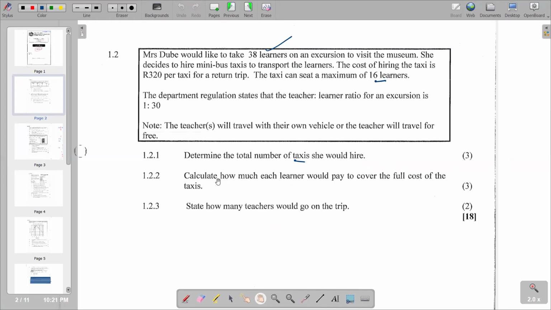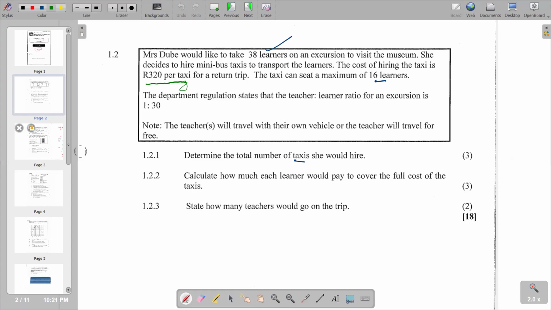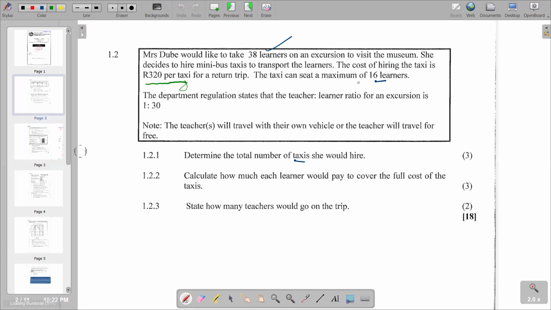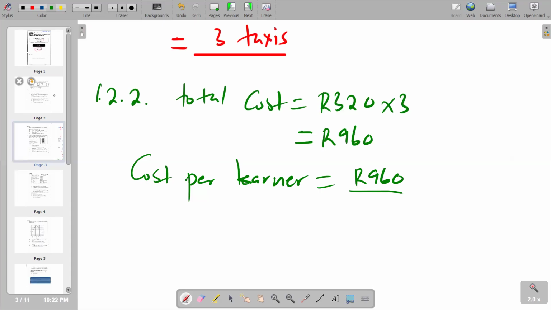If you go there, you will see that the cost of hiring the taxi is 320 per taxi. So according to our calculations, you then get the total. We multiply to get the total for the 3 taxis, getting 960. Now we can find the cost per learner. So our cost per learner is going to be the total divided by the number of learners, and the answer is to be given to 2 decimal places and in rands.